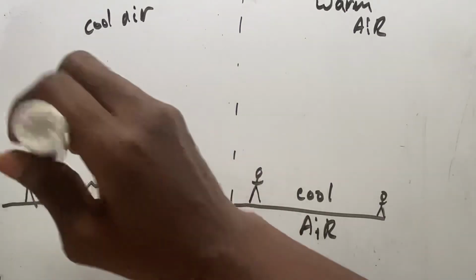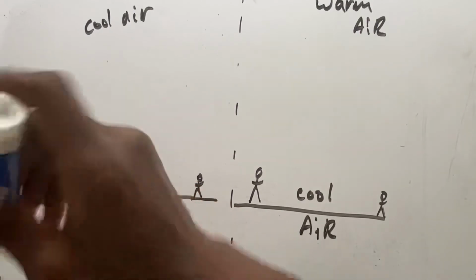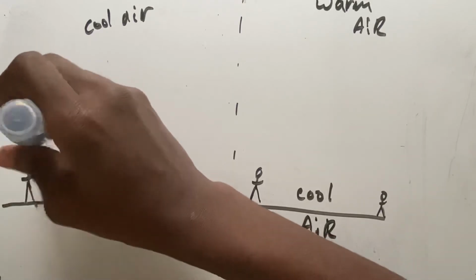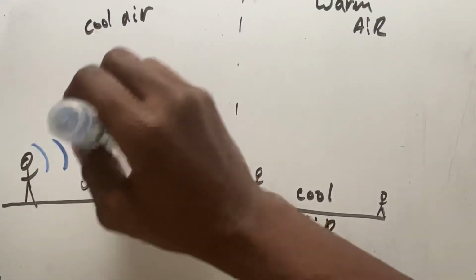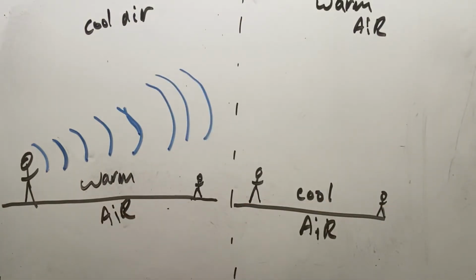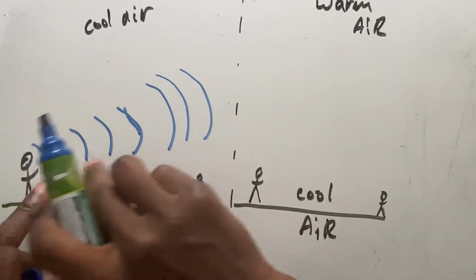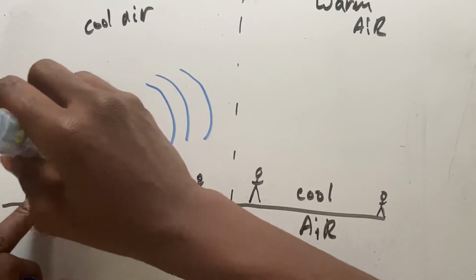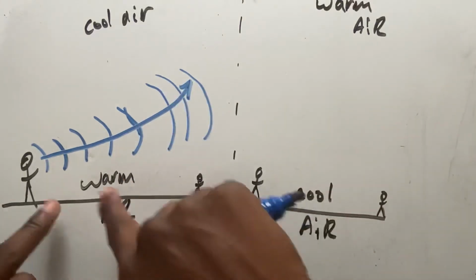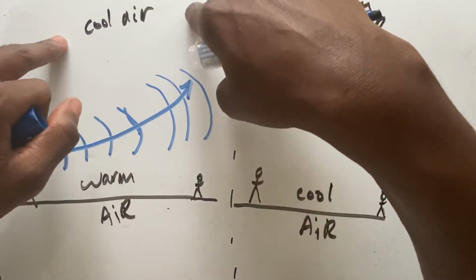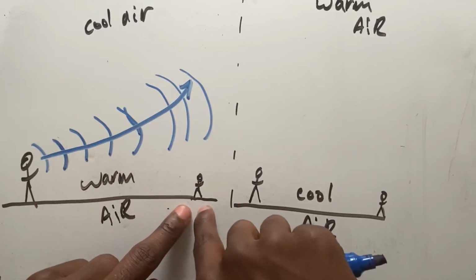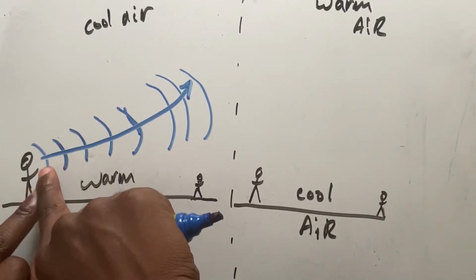So if I were to draw how your sound wave is going to travel here. Not really good at drawing this. So here, basically, the sound of your voice bends upwards. Boom, like that. And that's if you have warm air down here and cooler air up here. Your voice is going to bend upwards. So it's going to be difficult for that kid to hear you, because the sound of your voice is being bent upwards.